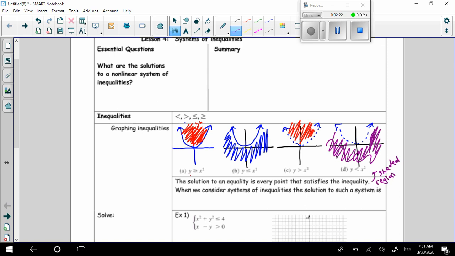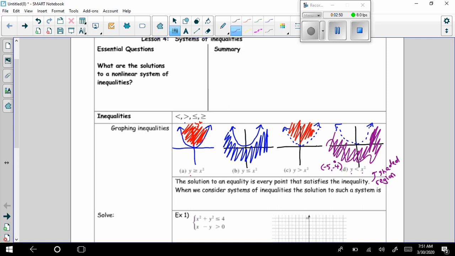If you pick a point down here in the shaded region, so let's say that's -5, -4, something like that. If you plug that in for y and x, then y will be less than x squared. So -4 is less than 25. That is true, so you can see it satisfies that inequality.